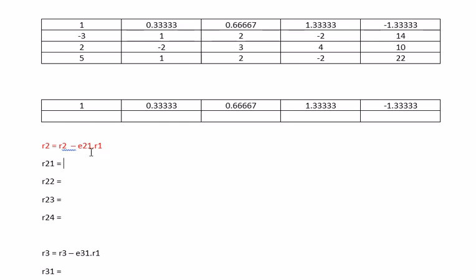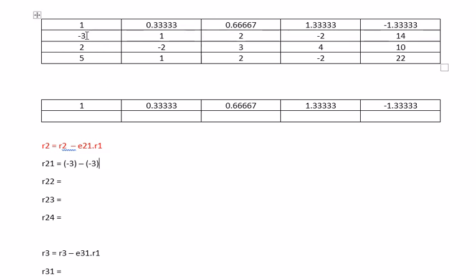So as we said, the element in the second row, first column, we will follow this general formula, row 2, that is negative 3 minus, we have here the element in the second row, first column, that is also negative 3, times the element in row 1.